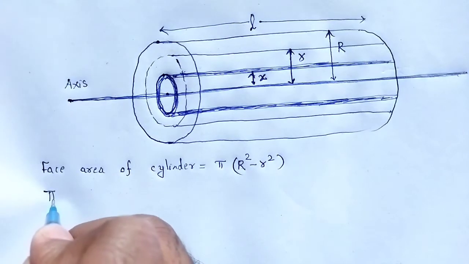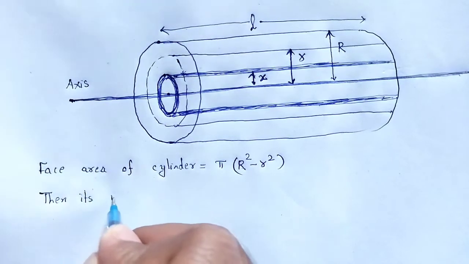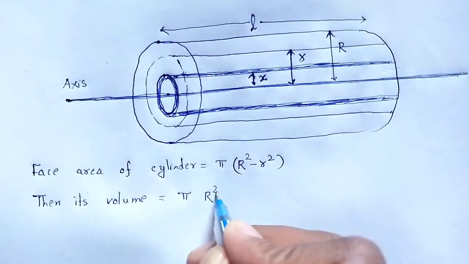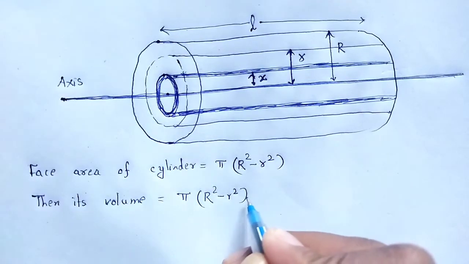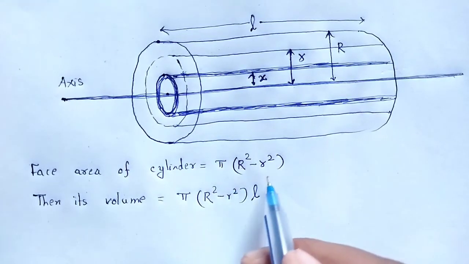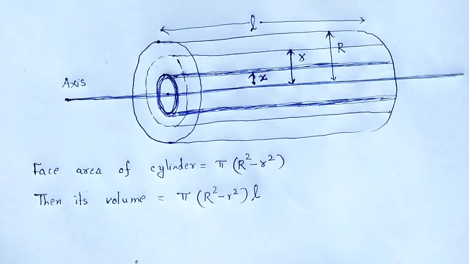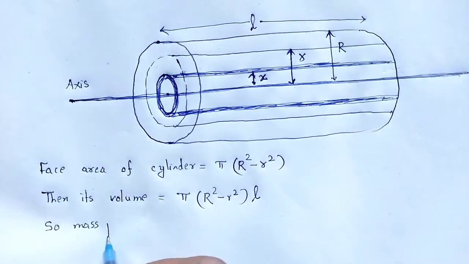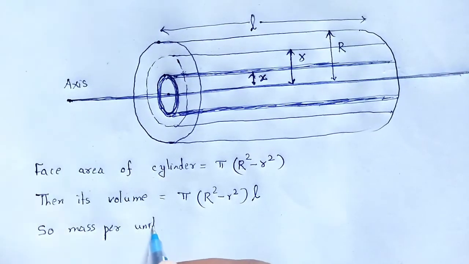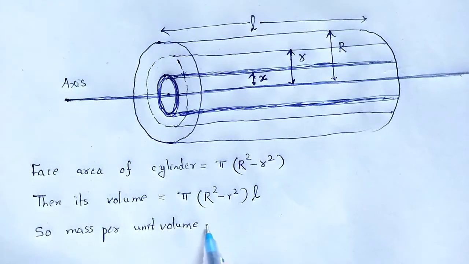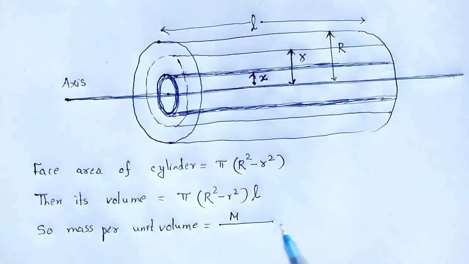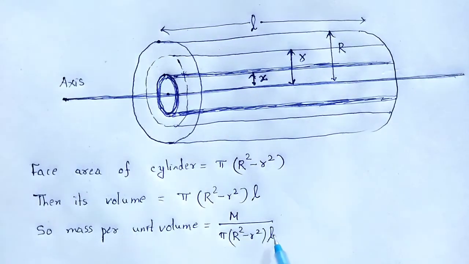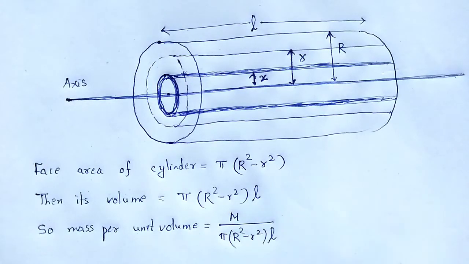Then its volume is the face area into its length. So the mass per unit volume is m divided by pi into R square minus r square into L, that is the density of the hollow cylinder.